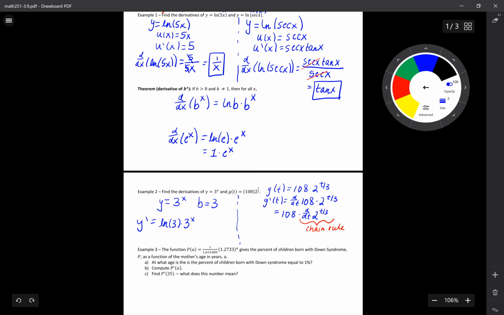So my outer function f is equal to 2 to the power of t. My inner function g is equal to t over 3. That means that f prime is equal to natural log of 2 times 2 to the power of t, and g prime is equal to 1/3.